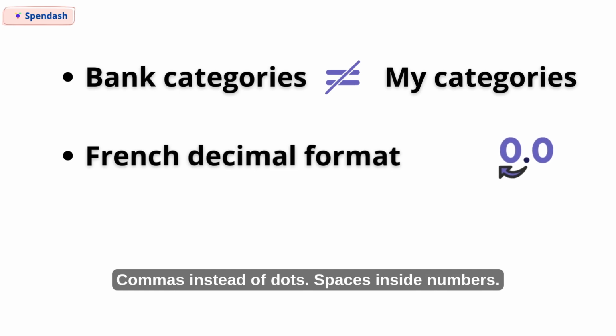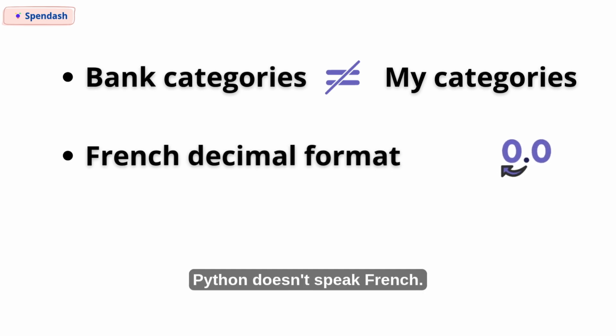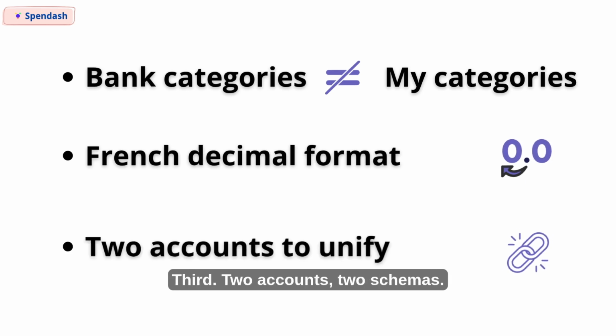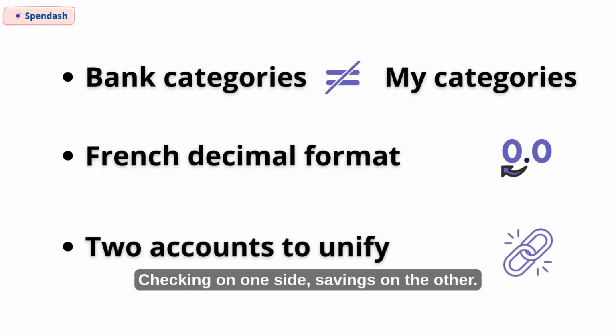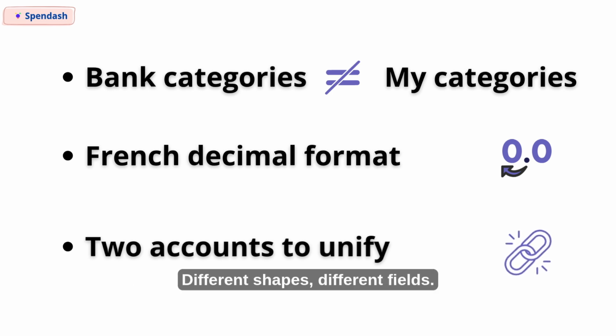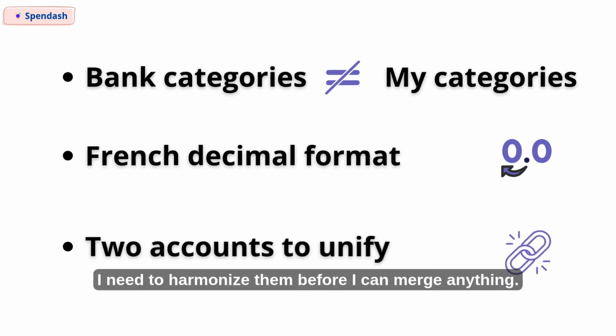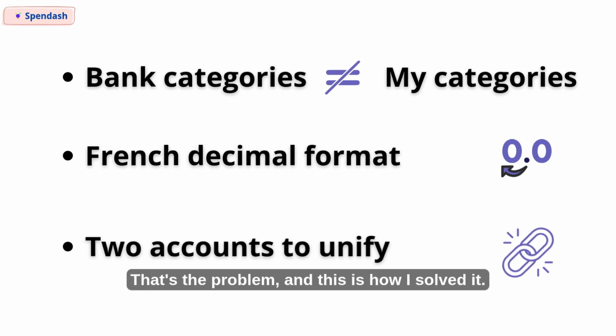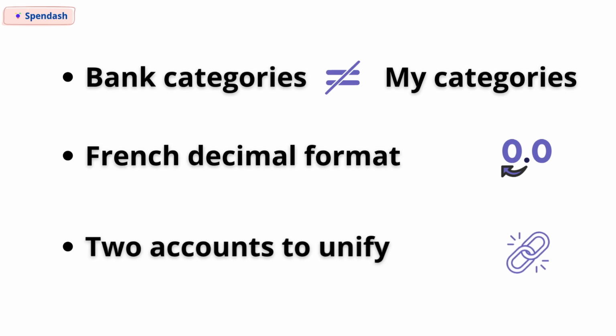Commas instead of dots, spaces inside numbers. Python doesn't speak French. Third, two accounts, two schemas. Checking on one side, savings on the other. Different shapes, different fields. I need to harmonize them before I can merge anything. That's the problem, and this is how I solved it.